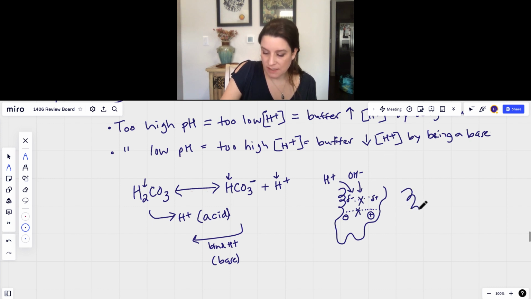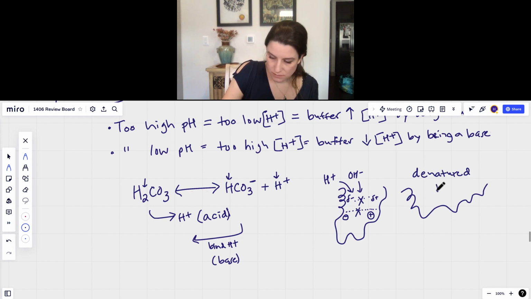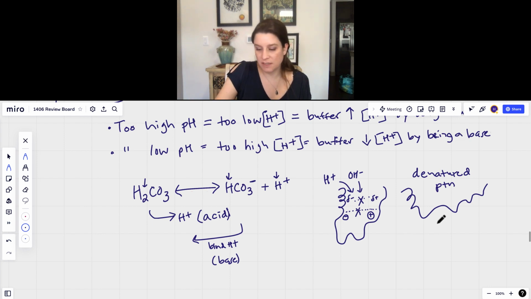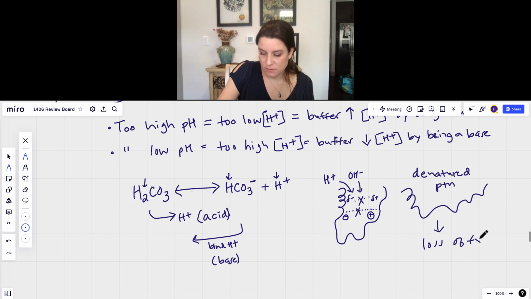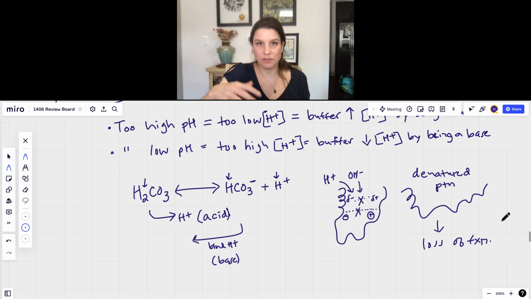And basically this can make your protein unravel or denature. So that's a denatured protein, an unfolded protein, which means it probably loses its function. So that's one of the reasons it's important to keep pH in a narrow range, so you don't have all your proteins unraveling and losing their function.